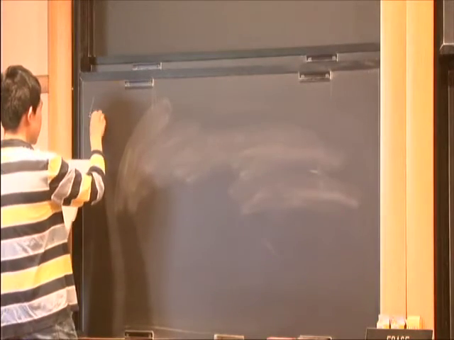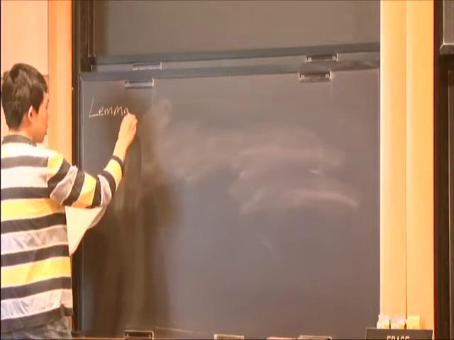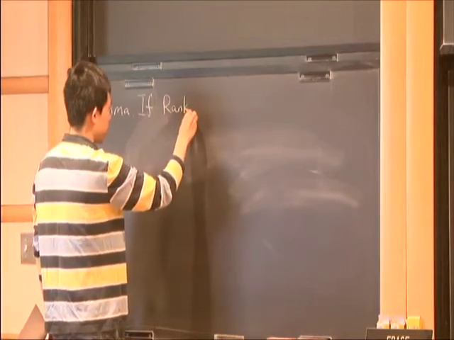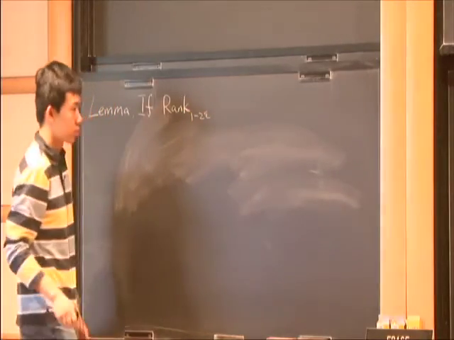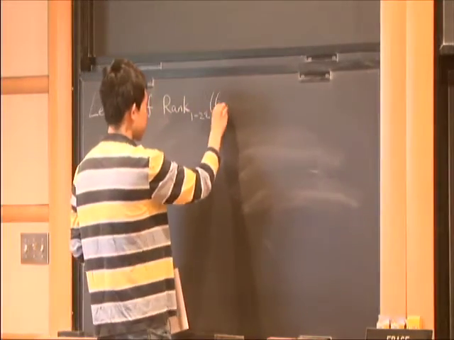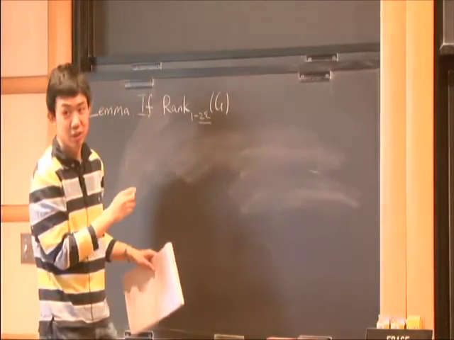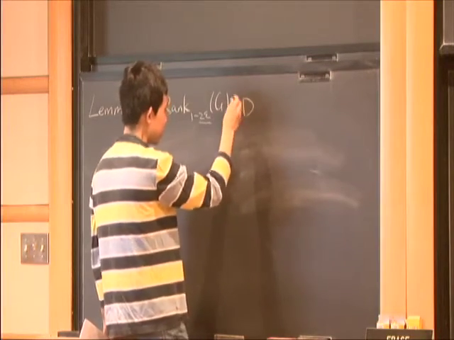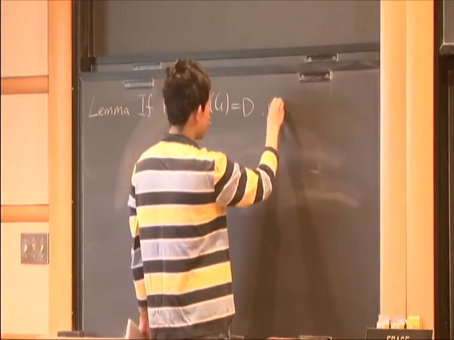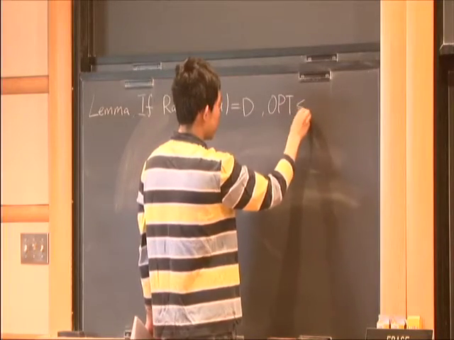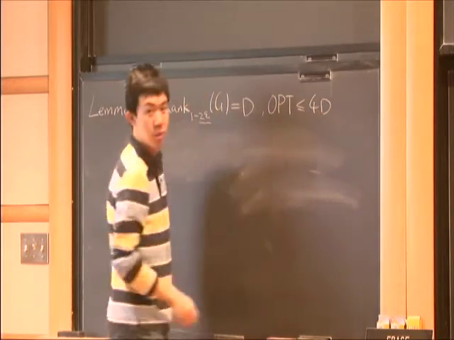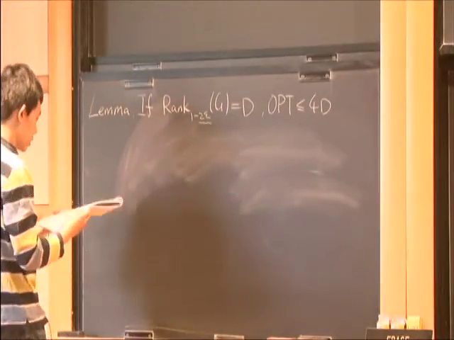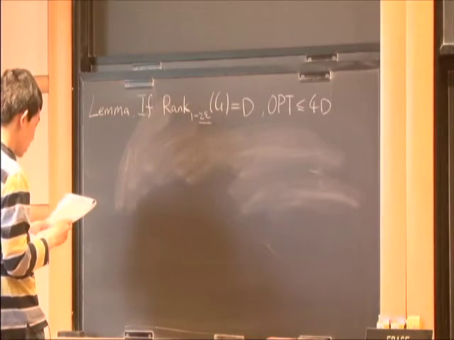So this lemma says if the threshold rank, 1 minus 2 epsilon, of G, so notice here is 2 epsilon instead of epsilon, is low as d, then optimal is at most 4 times d. So this is a less trivial direction.